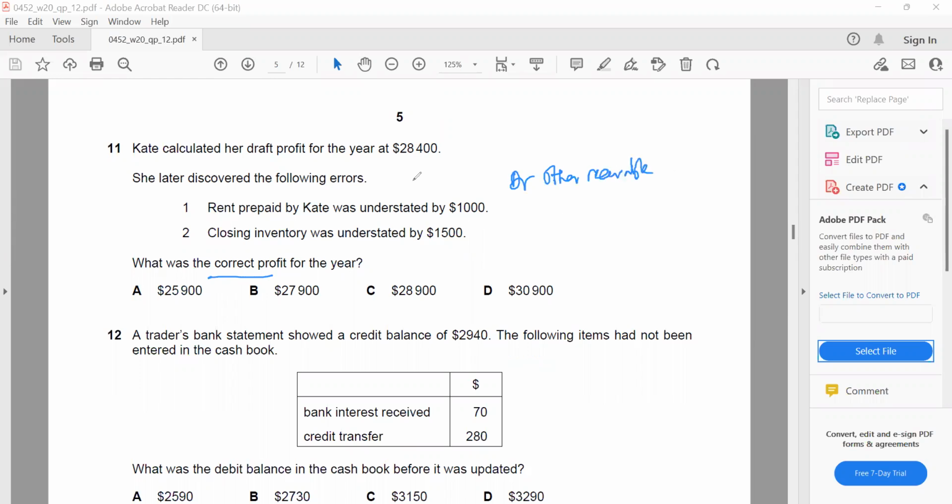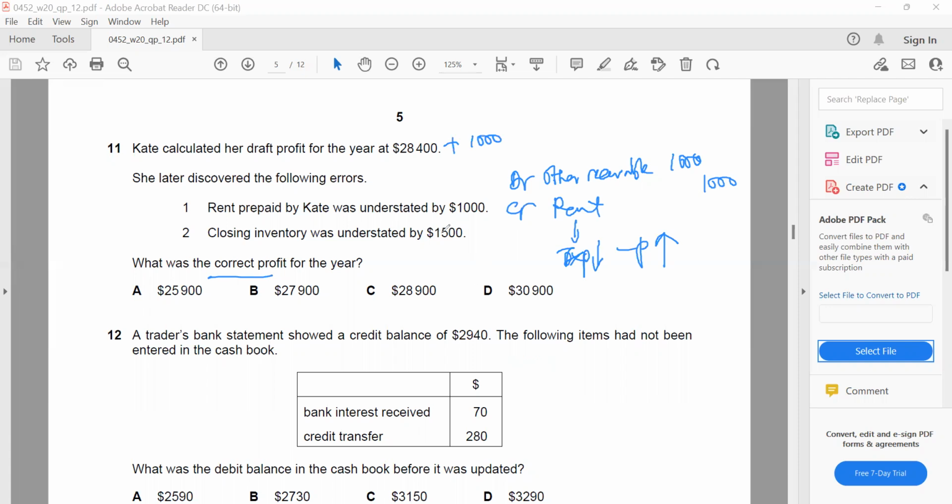Rent prepaid is an asset, so debit 1,000, and credit rent 1,000. With this rent credit, expenses reduce and profit will increase. So our profit has to plus 1,000.